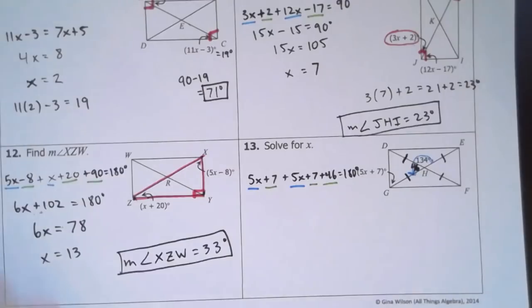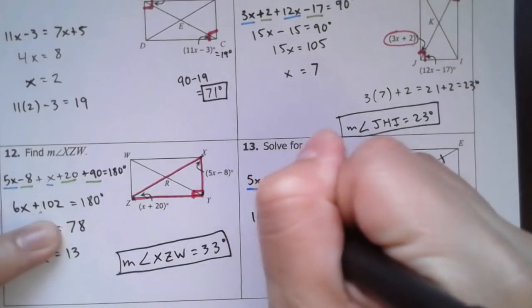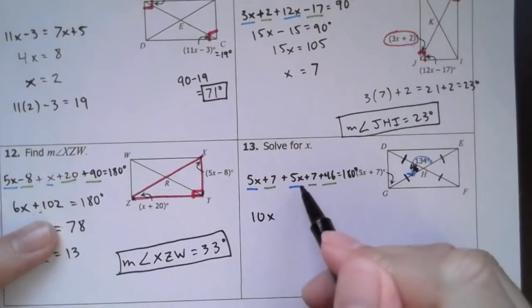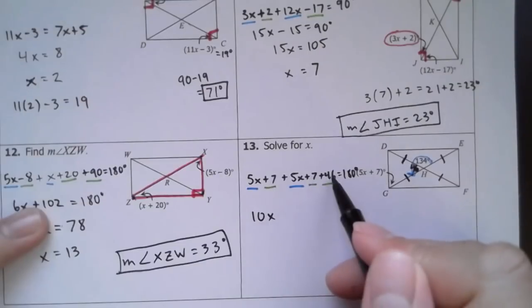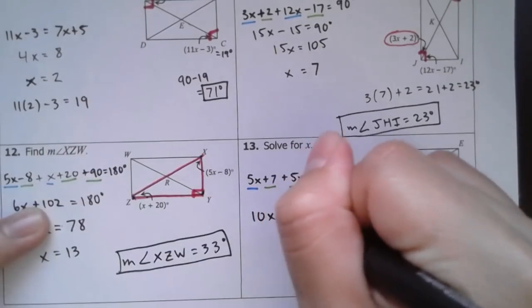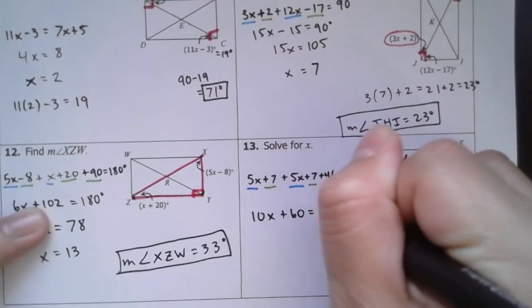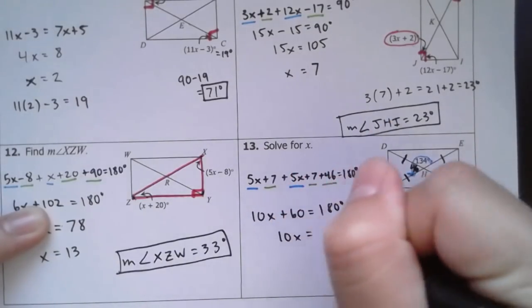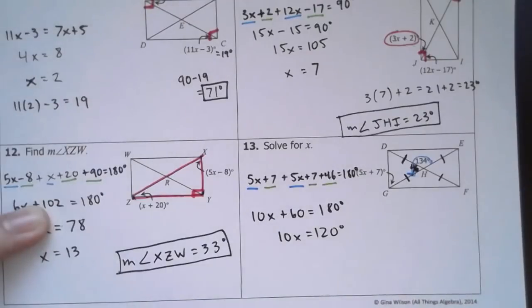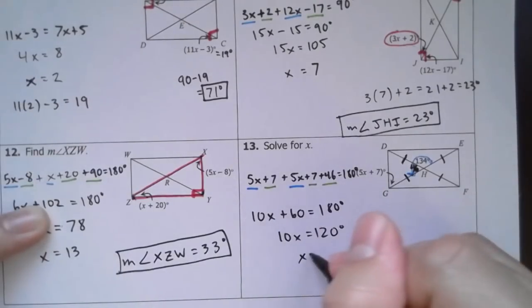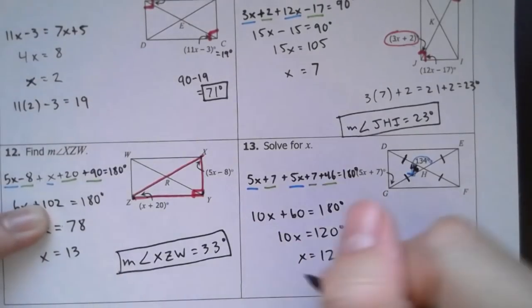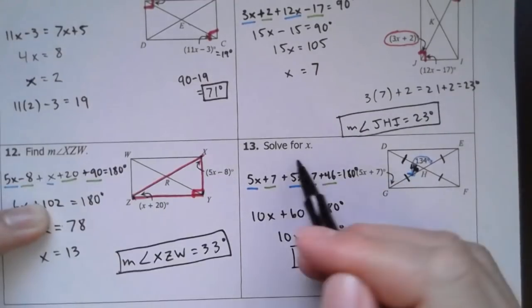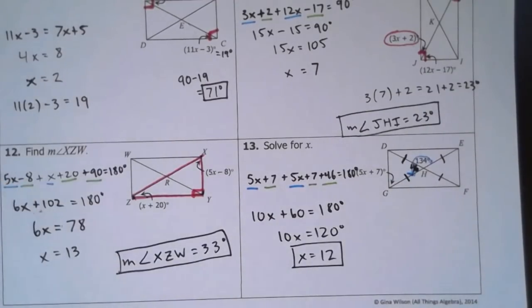I get 10x. 7 plus 7 is 14 plus 46, I get 60. That's equal to 180 degrees. Subtract 60 from both sides, I get 10x is equal to 120 degrees. Divide by 10 and I get that x is equal to 12. And I'm done because it just says solve for x. And that wraps up concept 37.